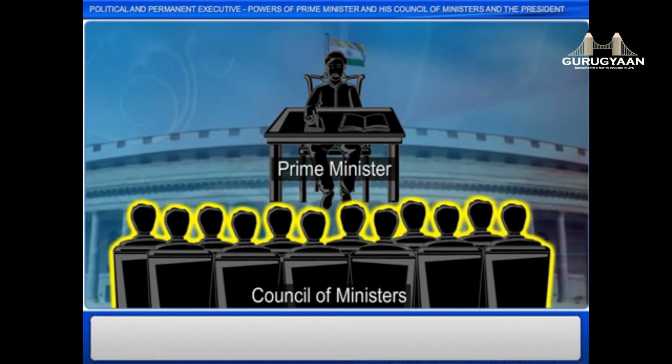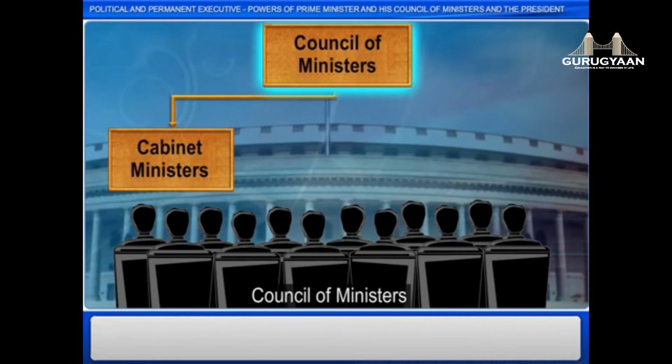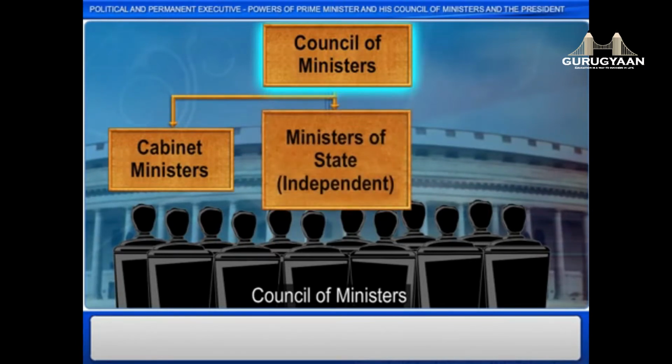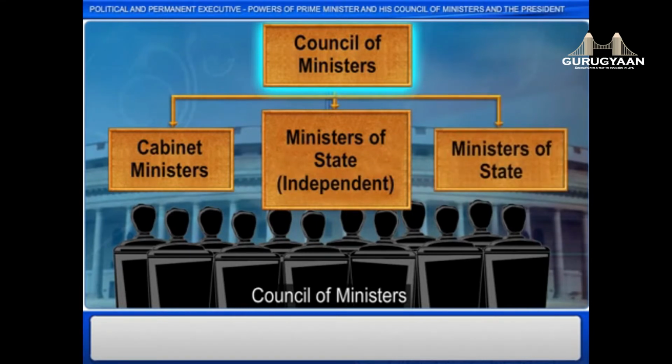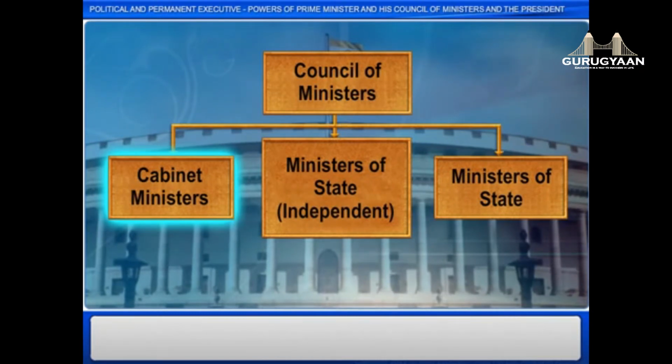The Council of Ministers includes cabinet ministers, ministers of state with independent charge, and ministers of state. A union cabinet minister is a senior minister from the ruling party in charge of a ministry.